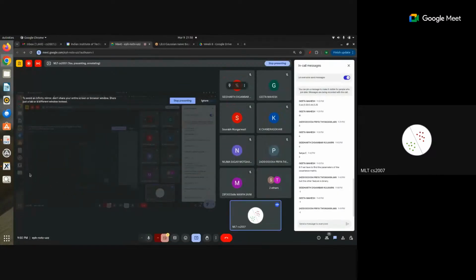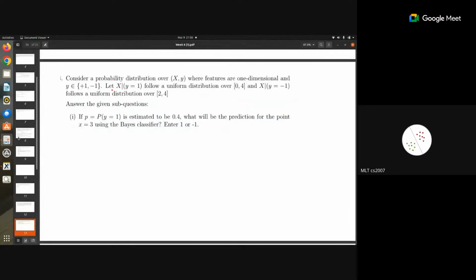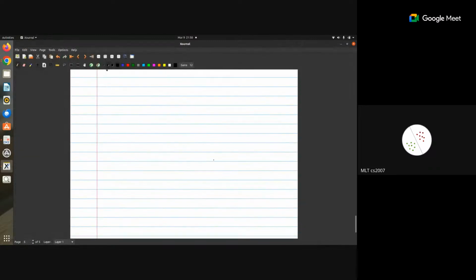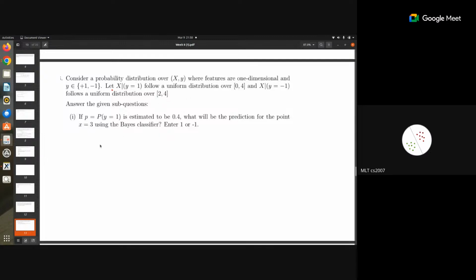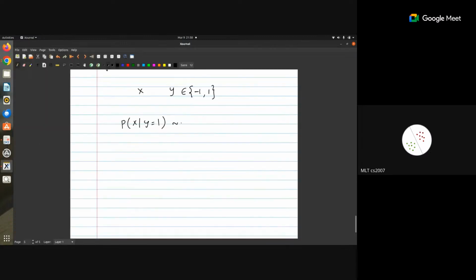Is it done? Okay, let me solve this then. This one is easier. Since you have only a single feature, the data set will look like this, right? So x and y, and y will have values 0 and 1, or rather minus 1 and 1. Probability of x given y equals 1: it is uniformly distributed between 0 and 4.